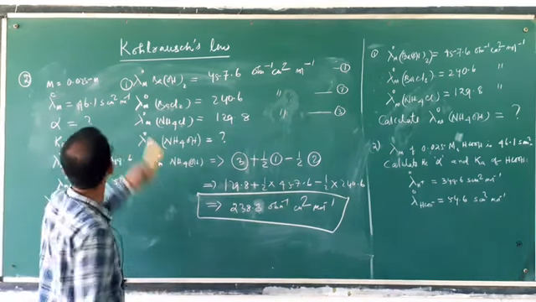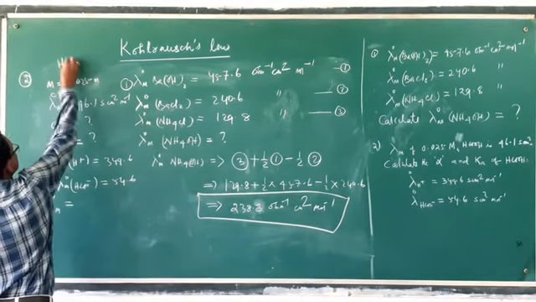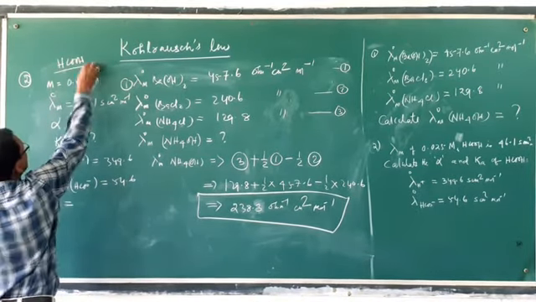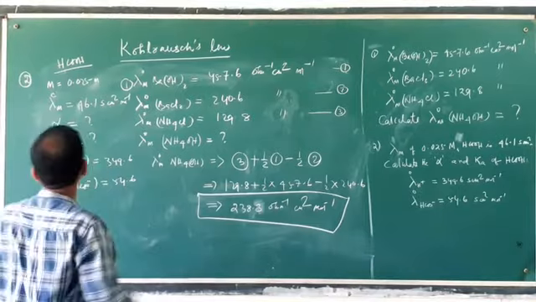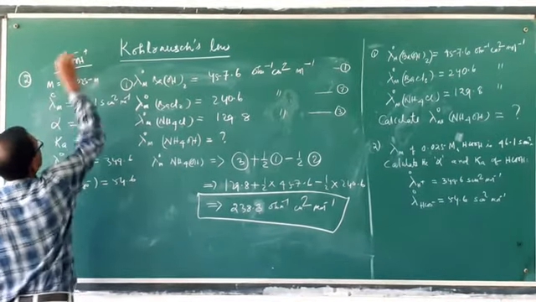The formula is HCOOH, which contains HCOO minus and H plus.